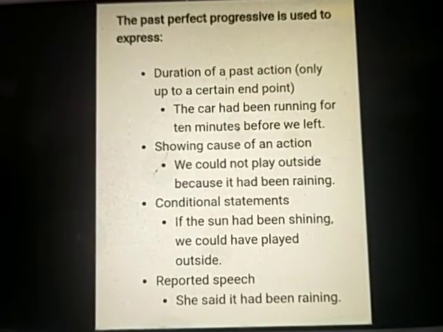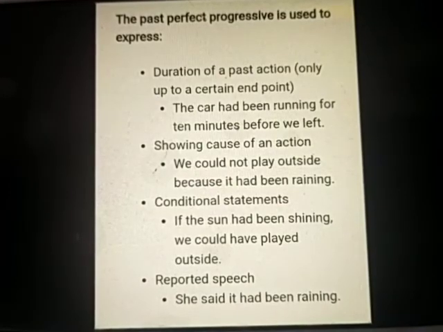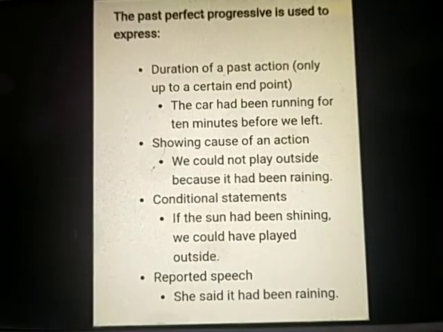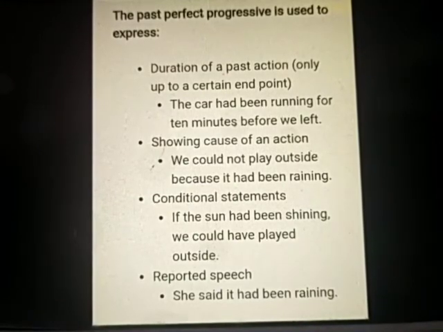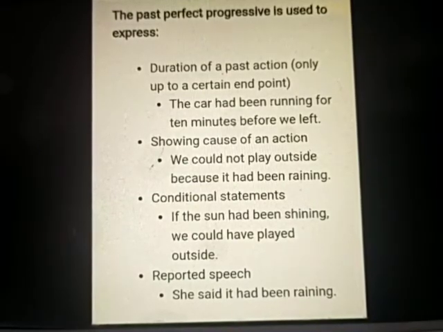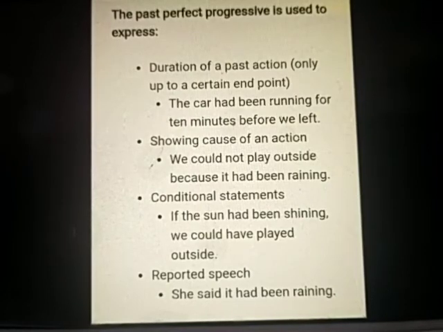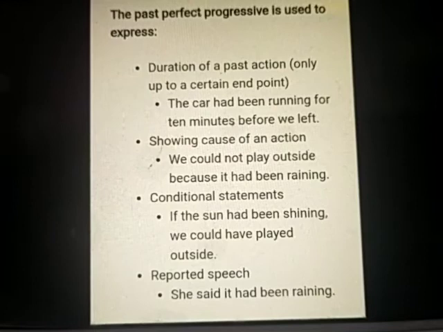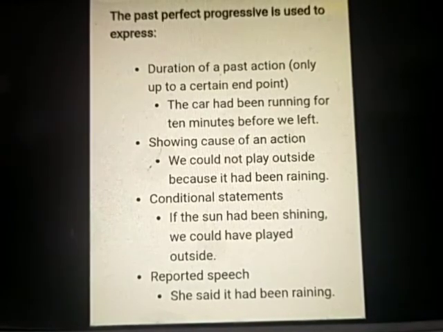The past perfect progressive is used to express duration of a past action only up to a certain end point. For example, the car had been running for 10 minutes before we left. Next is showing cause of an action.